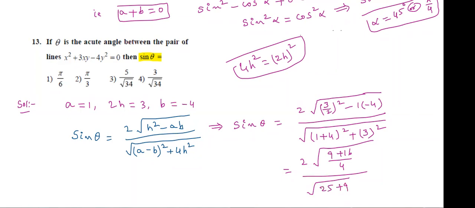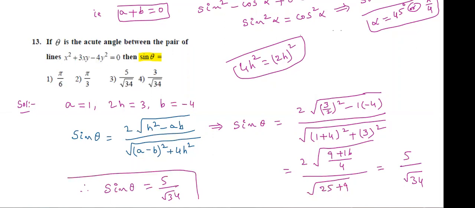See here, in the numerator root 4, the 2 cancels or not? Now finally we get the answer 5 divided by root 34. Therefore sine theta is equal to 5 divided by root 34. This is the answer. Students, which option is correct? Third option is correct.